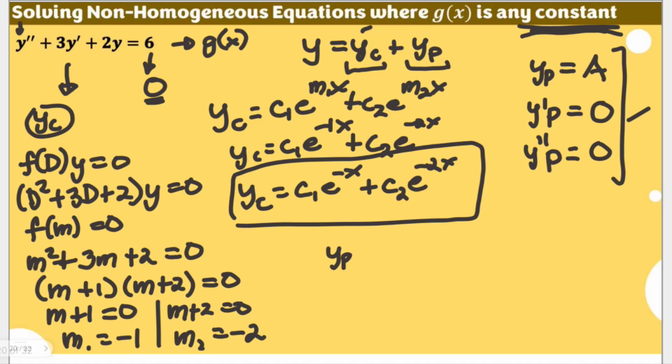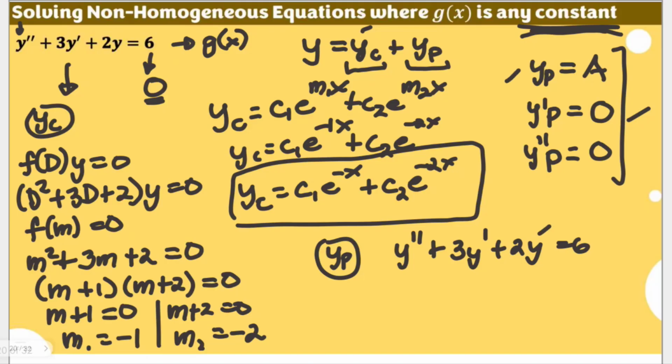This is for solving y sub p, please take note of this. Our original equation is y double prime plus 3y prime plus 2y equal to 6. To solve for A, we introduce A here by substituting y sub p for y, y prime of p for y prime, and y double prime of p for y double prime.